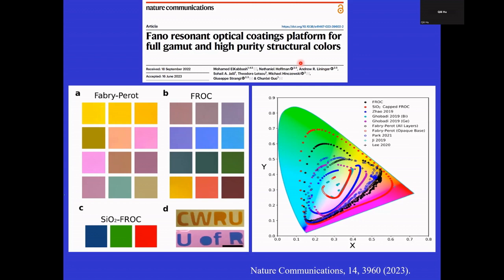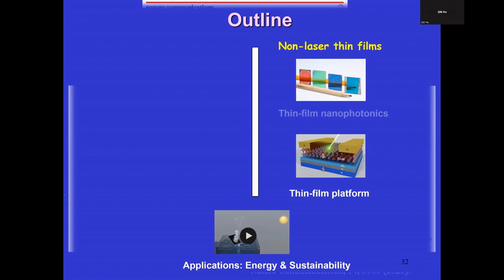And then we compare with all the other technologies listed there, and they are all smaller in the diagram. In terms of Fabry-Perot cavity, nanophotonic cavity, all these other technologies, the frog creates the highest coverage of color purity, and nearly full gamut.